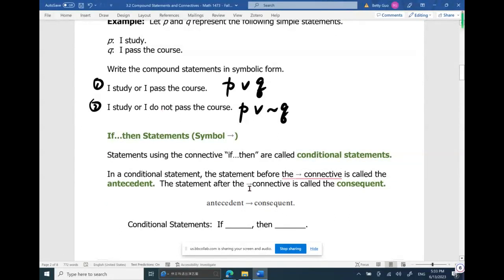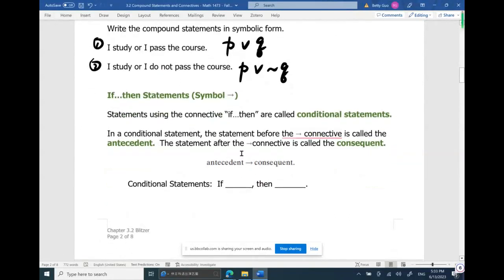The third connective we are going to learn is the symbol implies. We also call that if-then statements. If we have two simple statements and we see the implies notation in between, that gives us a conditional statement.